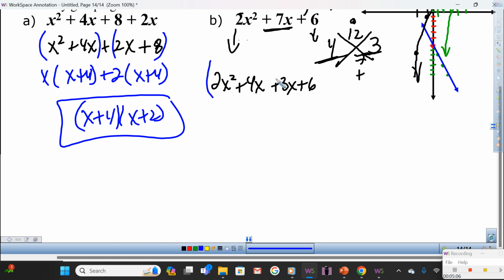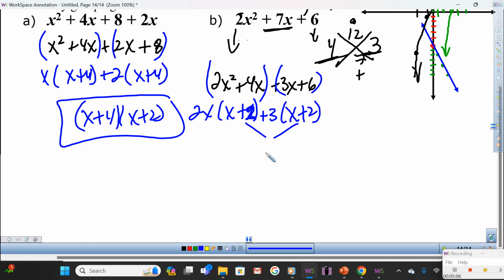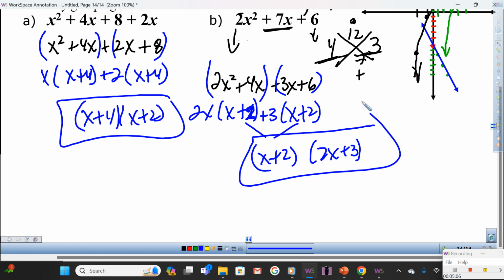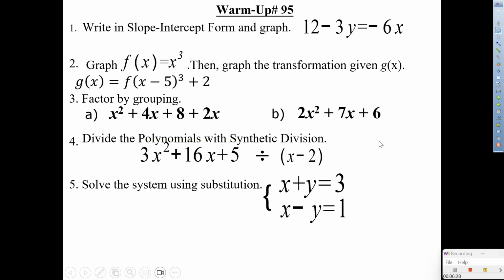Group. GCF here is 2x. We're left with x plus 2, oh, my bad, sorry. And then GCF here is 3. We're left with x plus 2. Therefore, x plus 2, 2x plus 3. And if you got that by yourself, all right. By the way, you guys need to continue practicing this, because we're about to need all of that.